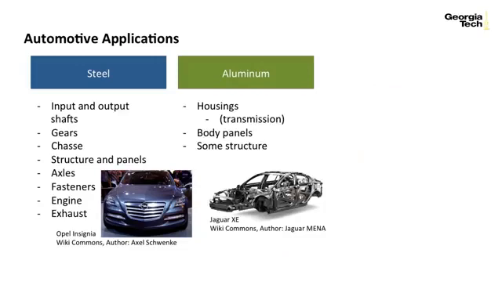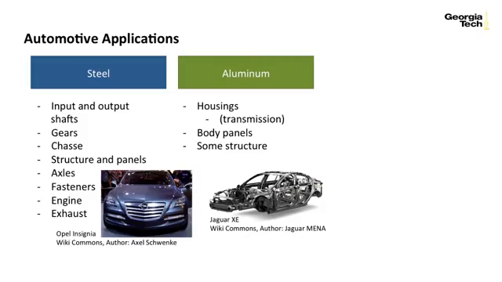However, aluminum is starting to become more dominant, especially due to various countries putting pretty strict environmental standards on the automotive companies, and that requires them to lower the weight to get better fuel efficiency. So in most cars we see aluminum housings.